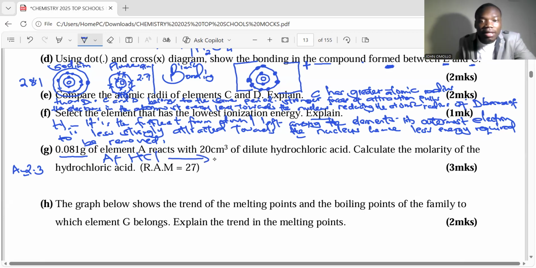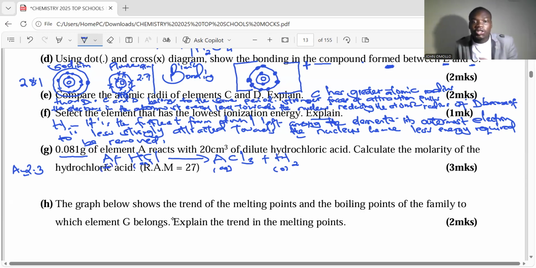What is our product? Because the ion of A is 3+, it is going to form A chloride like this, plus hydrogen gas. So this is a gas, this is an aqueous solution, and this is also aqueous. A is solid because it is a metal. So this is the reaction.